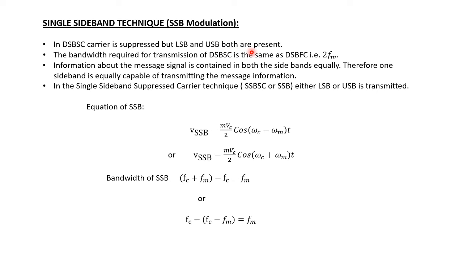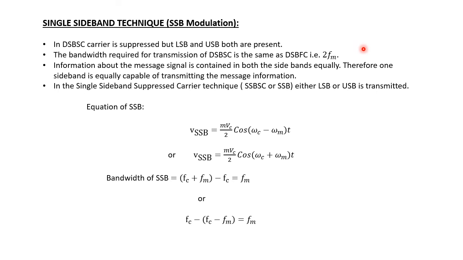It means that in both the sidebands the frequency of the message signal FM is present. Therefore, the information about the message signal is equally present in both the sidebands, or we can say that individually both the sidebands are equally capable of giving information about the message signal.